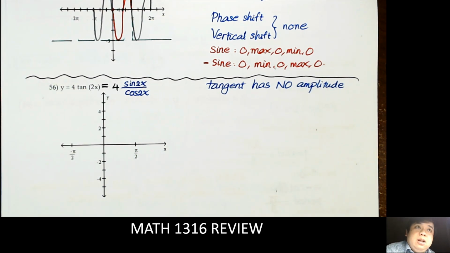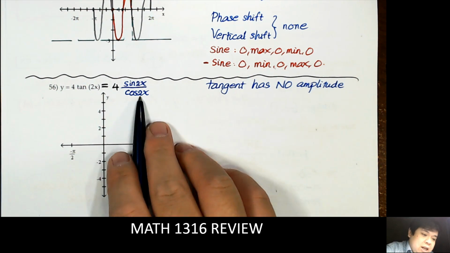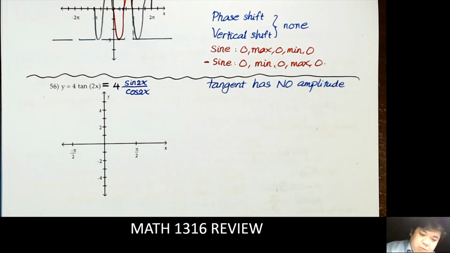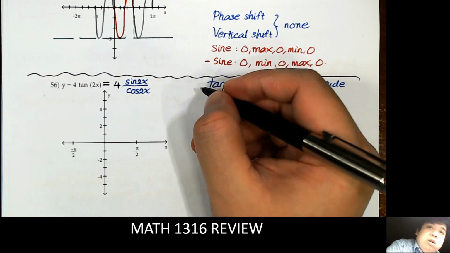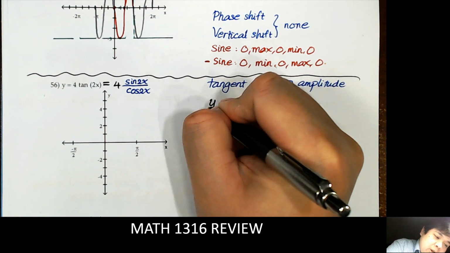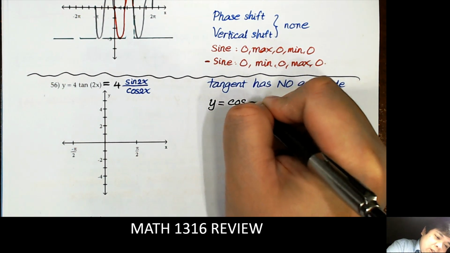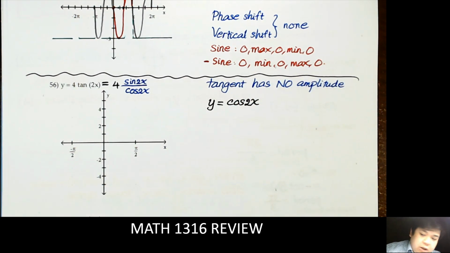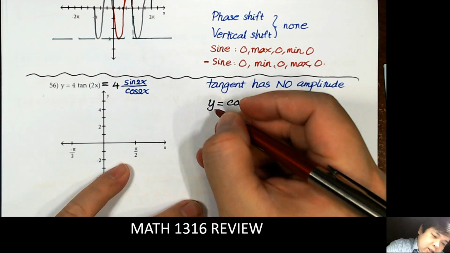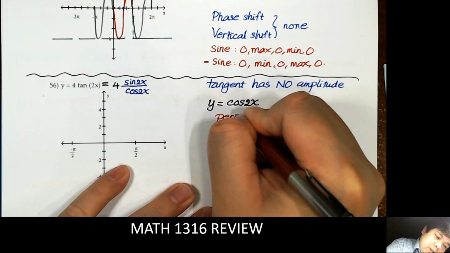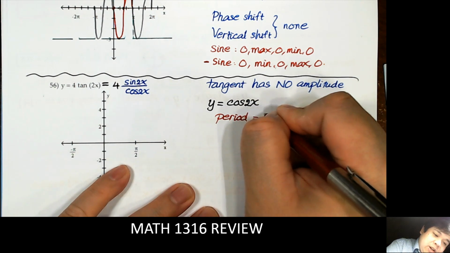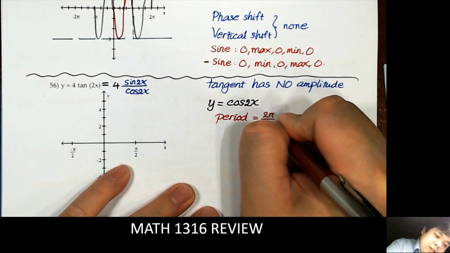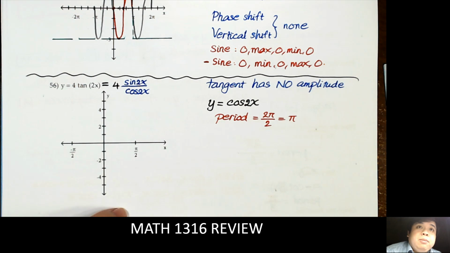In order to do that, let's take a look at the function y equal to cosine of 2x. The period of this is 2 pi divided by the coefficient of x, which is 2, so the period is pi.